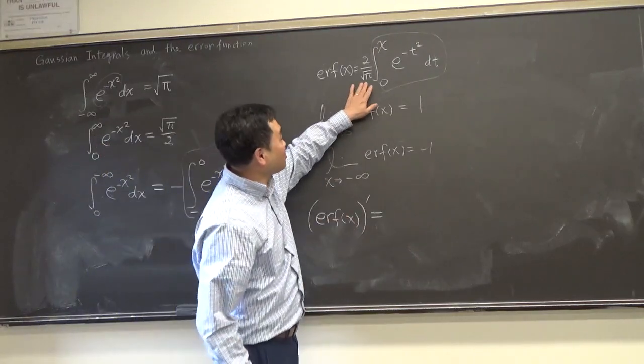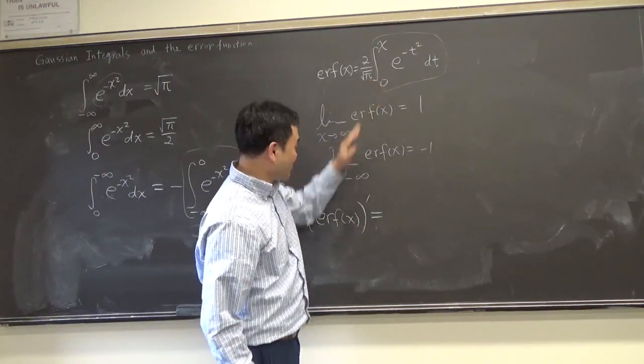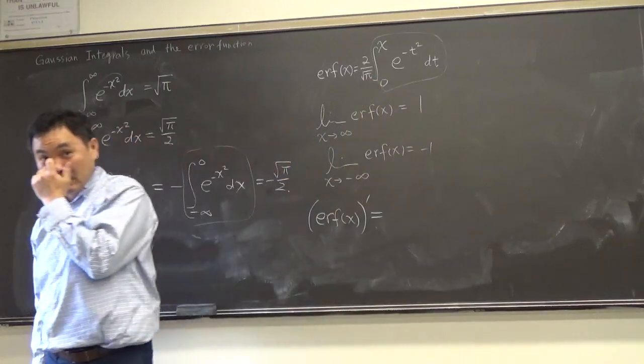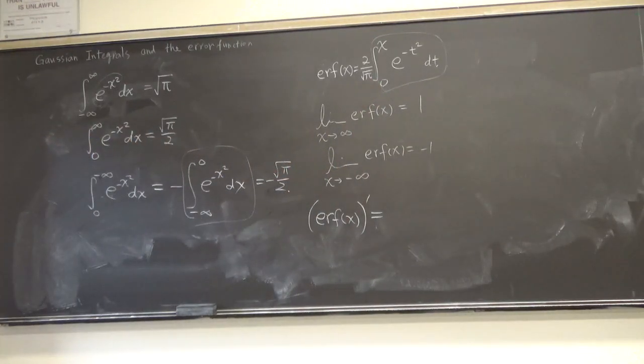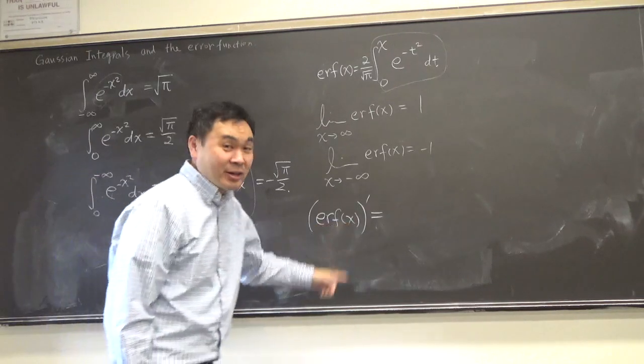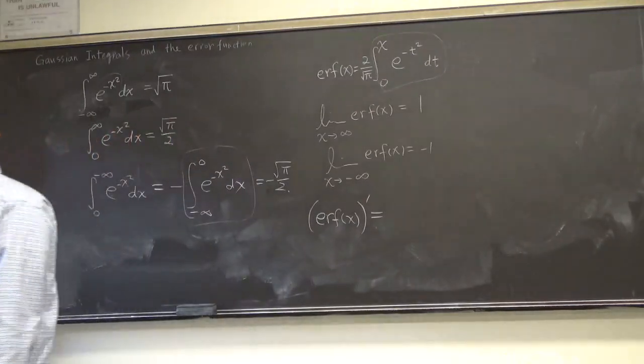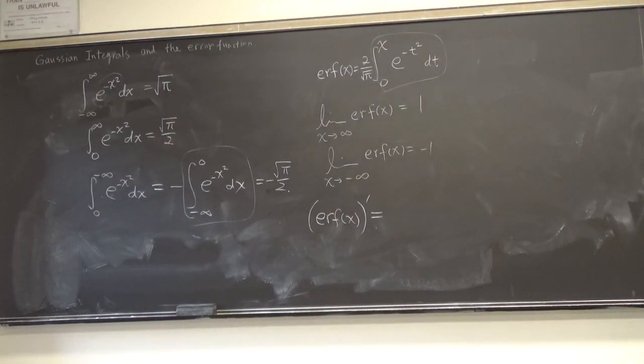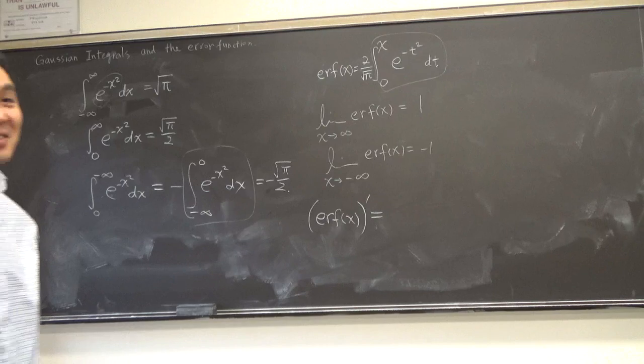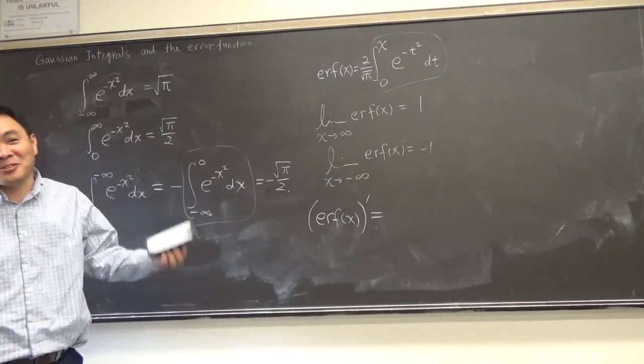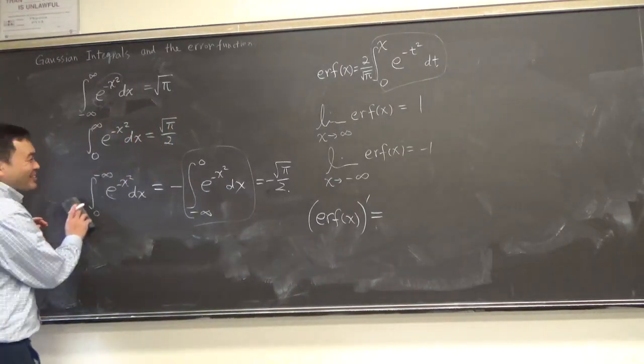You're given this function and you're asked what's the derivative of this thing. e to the negative t squared? No. It can't be a function of t, it's a function of x, right? Yes? No, it's not 0. Nice try. Usually 0 is an answer to a lot of questions.